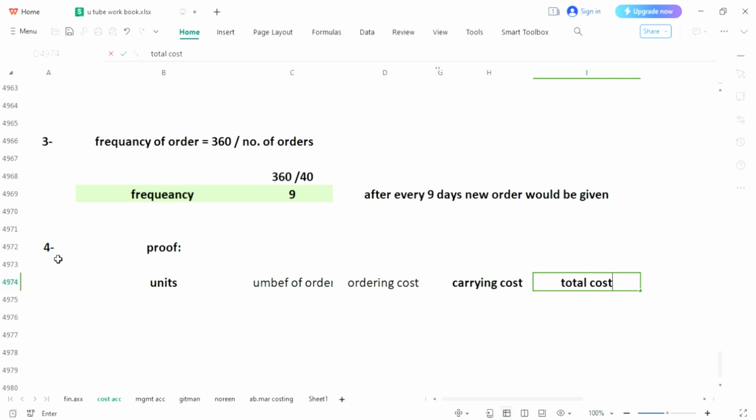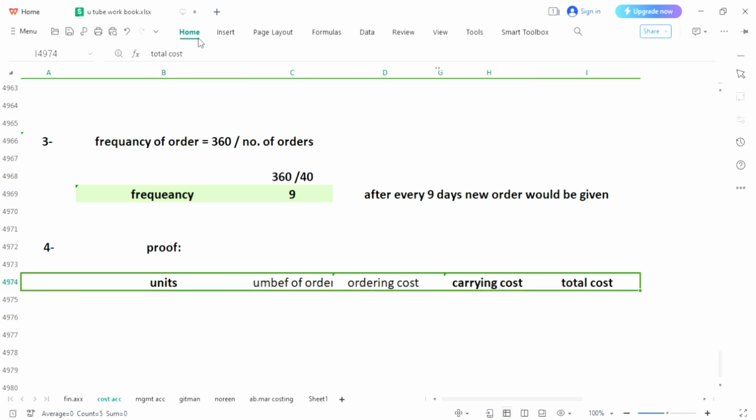Okay, every element present here has its own formula, and we will understand how to make it.